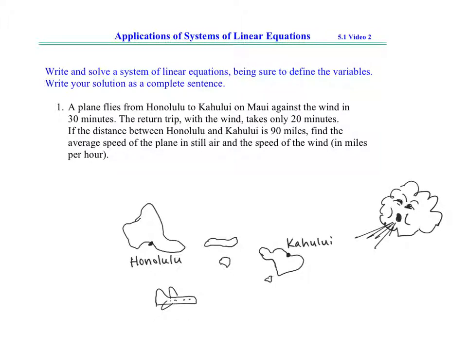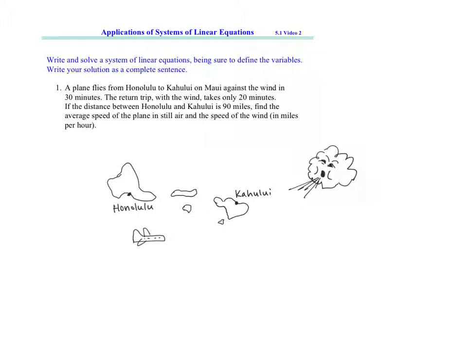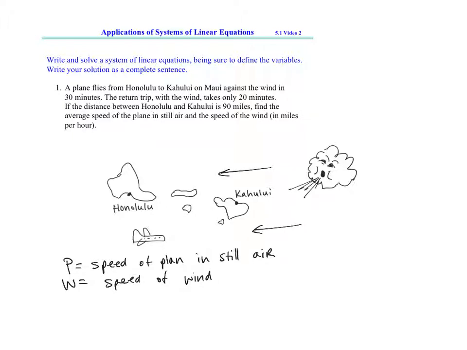And so if we let p equal the speed of the plane in still air and w equal the speed of the wind, on the way towards Maui from Honolulu, the trade winds are coming, and the plane is having to fight against those trade winds, right?